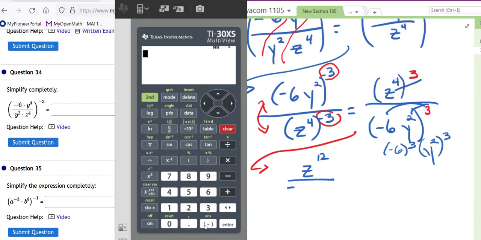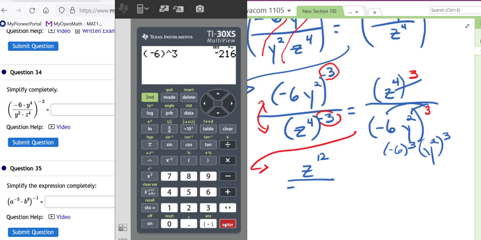If you're entering the negative, you would use parentheses. Do parentheses, negative 6, close, to the third. So exponent. So negative 216.